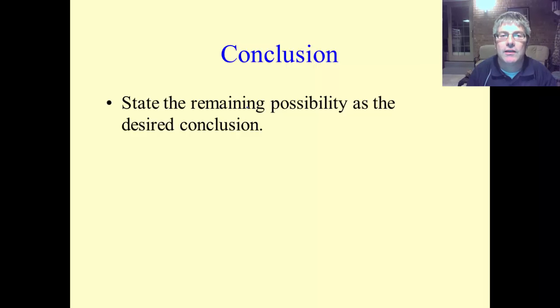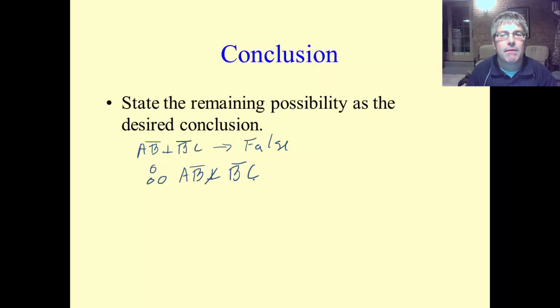So we have to state the remaining possibility. Remember, we started with AB is perpendicular to BC, and what happened is we found this to be false. Therefore, the only other possibility is AB is not perpendicular to BC. That must be true if AB is perpendicular to BC is false.